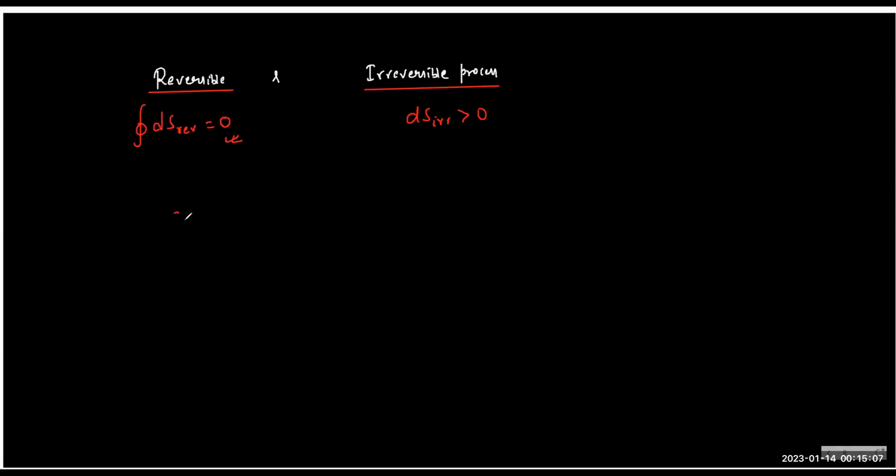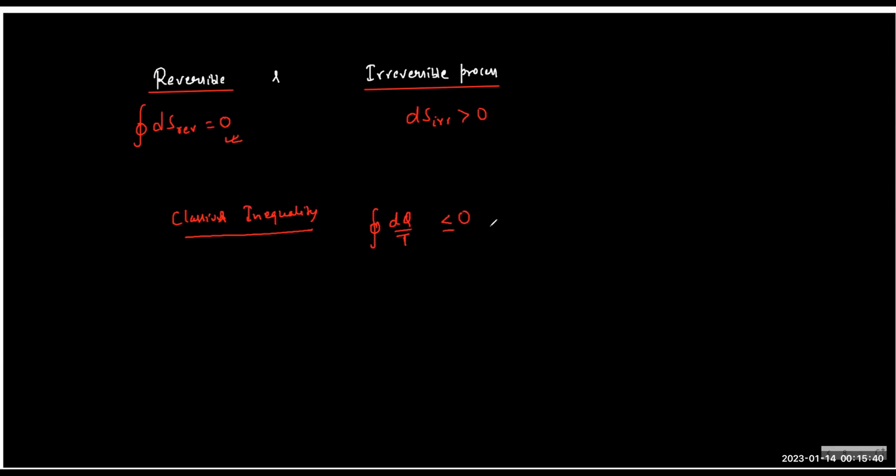So we have something called Clausius inequality. What it says is that the term dQ by T in a cyclic process, which is happening again and again, can be either negative or zero.